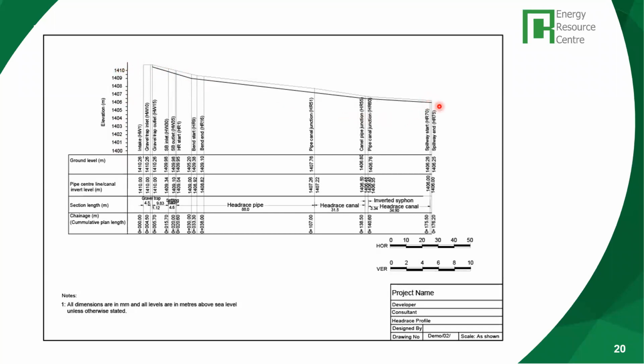This is basically up to the forebay canal. For hydraulic calculation, this slope is very important. And on the axis is the length.